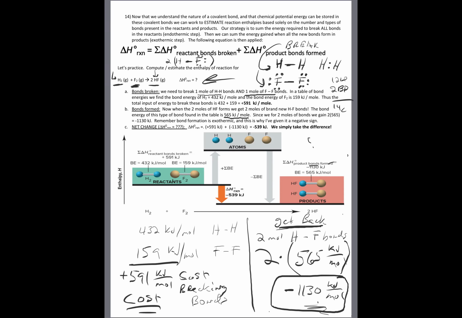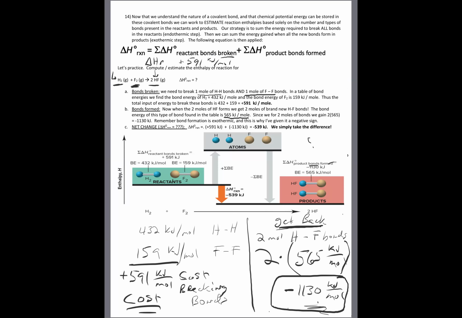Because when those new bonds form, that energy is released, the system stabilizes, and the energy is released to the surroundings, okay? So with that said, we're then able to return back to this equation of summation that we learned about up here at the top, right? So what was our cost to break bonds? Well, it was a positive 591 kilojoules per mole, wasn't it?